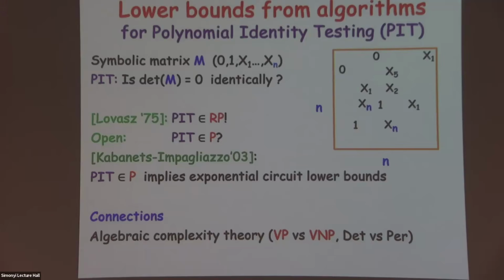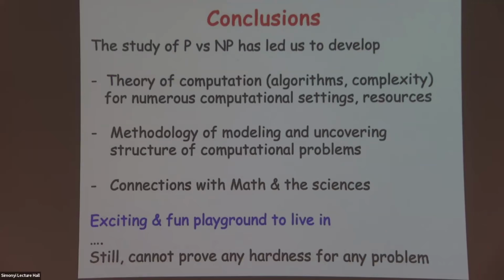There's an analogous theory to the Boolean one, P versus NP. Here there's Valiant's theory, and let me not go into this. It calls for very interesting connections and approaches to P versus NP, like the GCT of Mulmuley and so on, but let me not go there and just conclude.